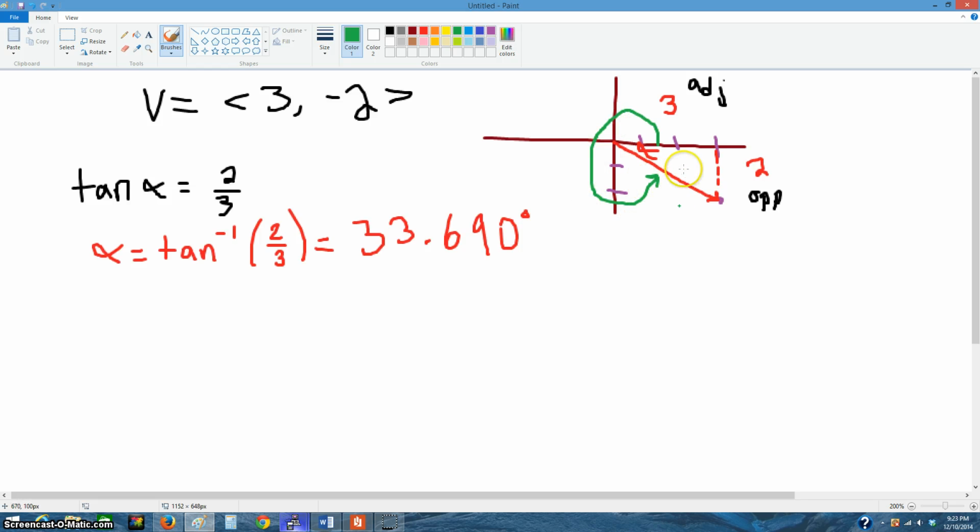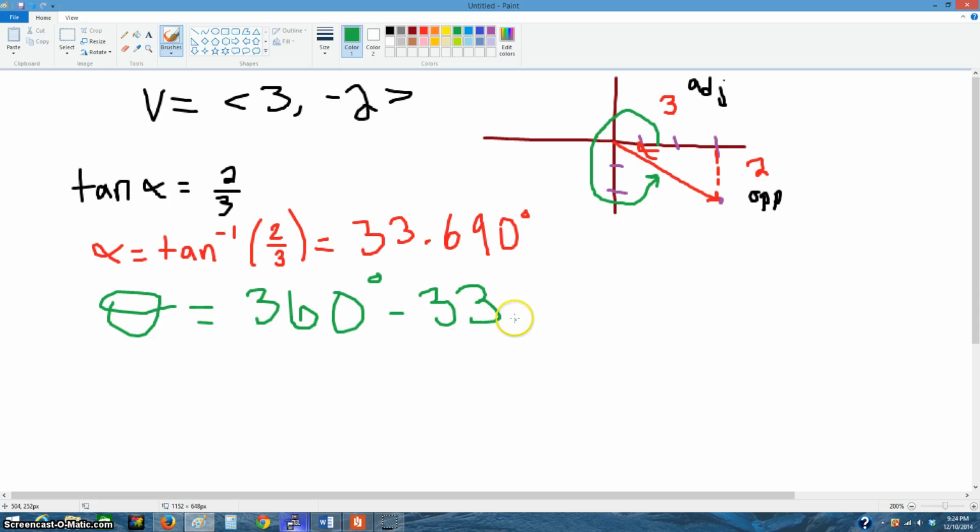So in other words, since I'm in quadrant 4, what I need to do to get theta is say theta is equal to 360 degrees minus 33.690 degrees. And if you type that in your calculator, you're going to get your answer for theta, which is the correct one.